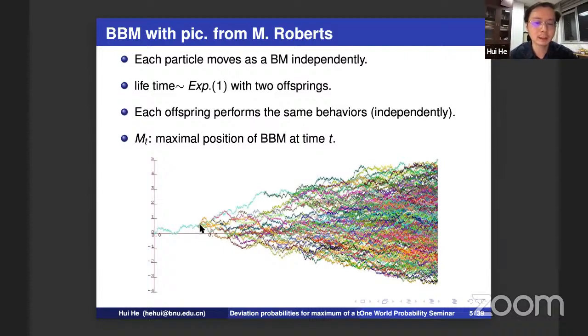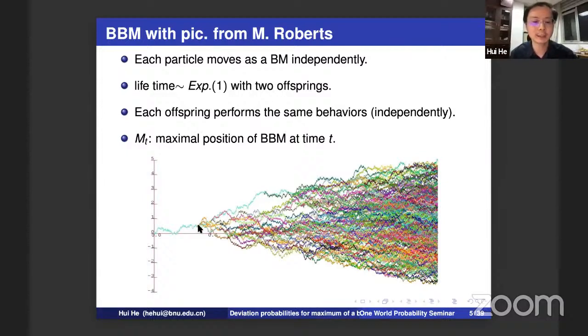I would also like to mention that the exact value of the parameter 1 here is not important, and also the exact number of offsprings is not crucial to our argument. It could be 2 or 3 or 4, and it also could be random. What we really need is that the mean of the number is larger than 1, and also we need some technical conditions, as mentioned in Bastien's talk, okay?